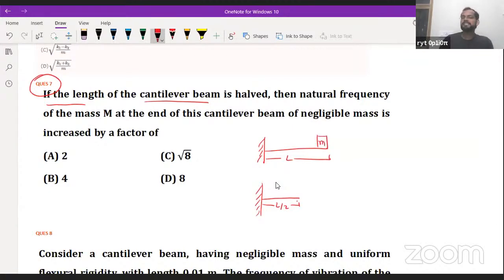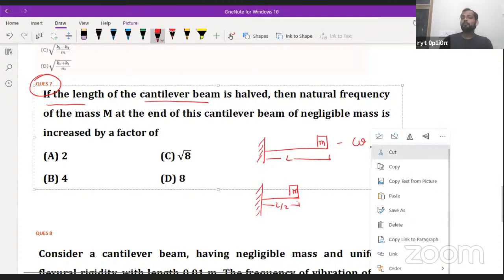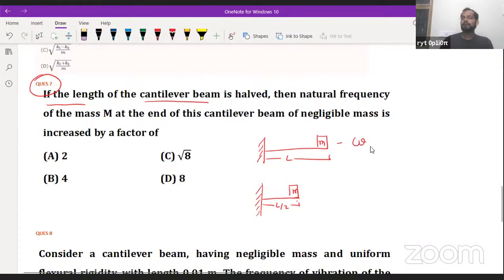The mass is placed at the end of the cantilever. He is saying that if in the first case the natural frequency is omega n, then by what factor will the natural frequency increase in the second case?